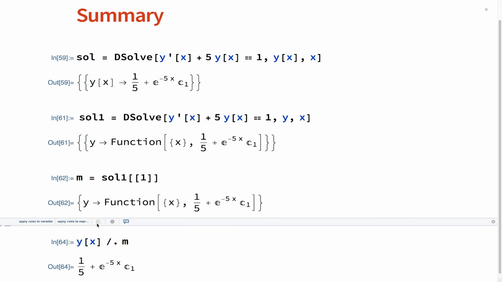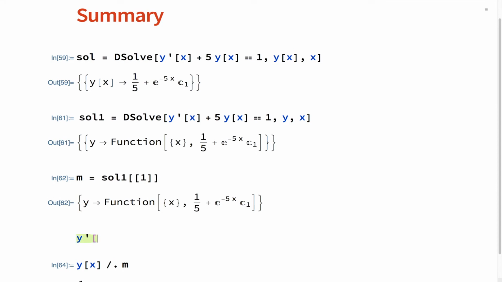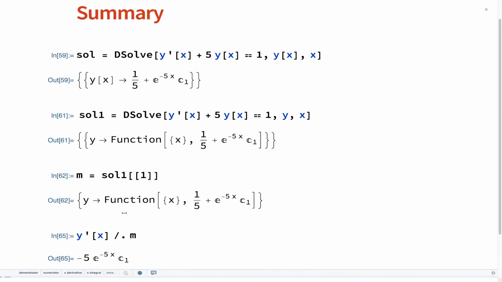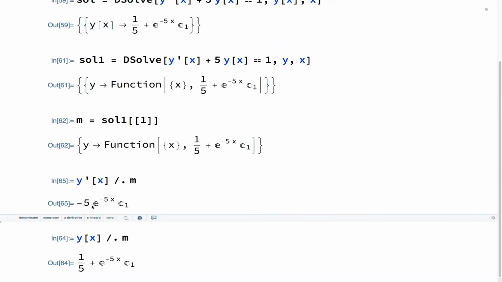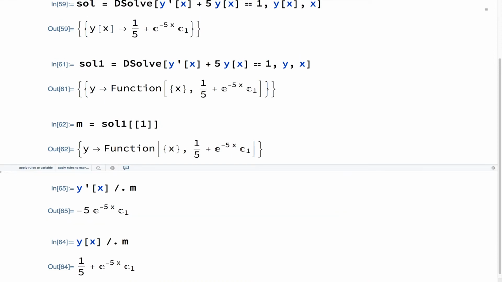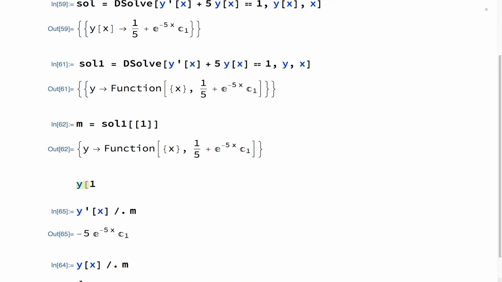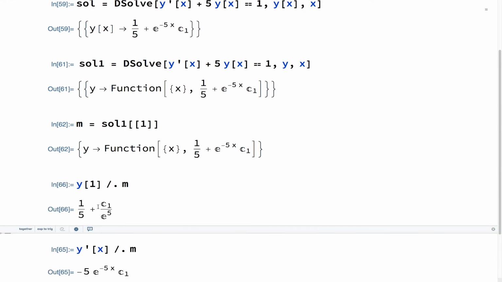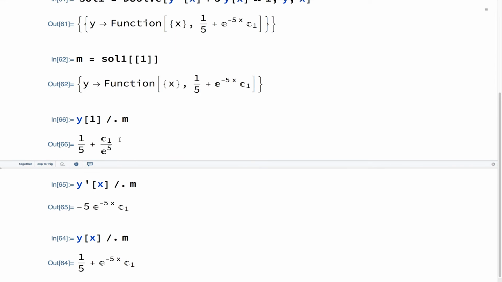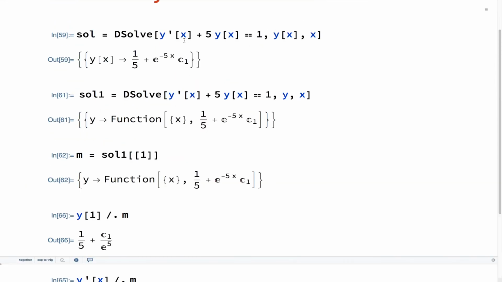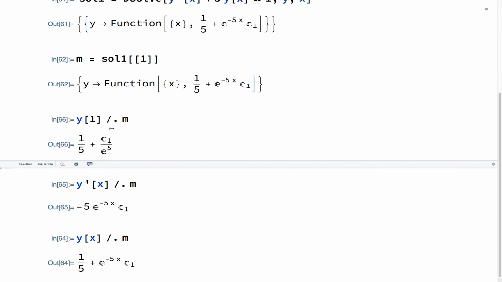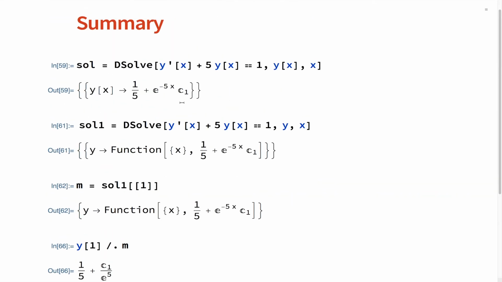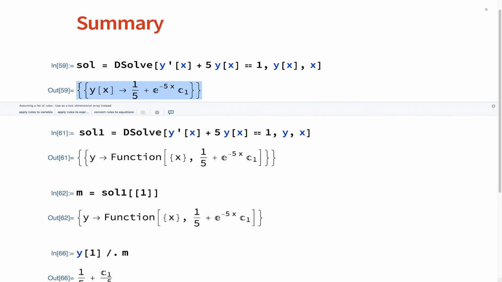If I have to get y'[x], I can get it directly by replacing it. So I get y[x], I get y'[x], or even if I want to have some initial condition, I can use that, replace it with the solution. So this will make the work easy for me if I have to use this function in further analysis or further work, rather than just giving y[x] and getting the results like this.